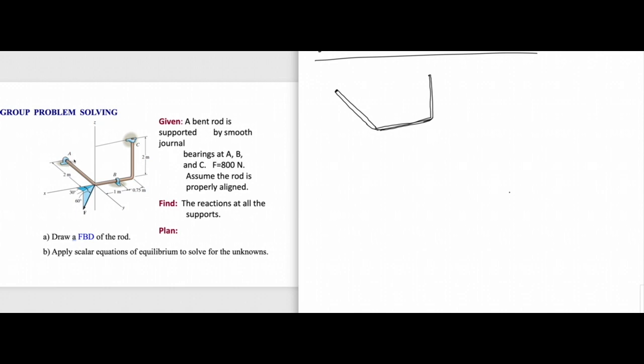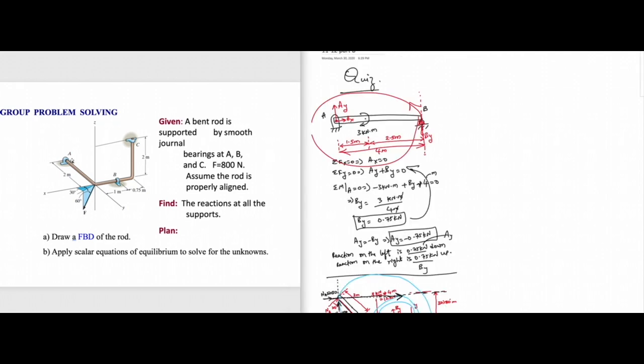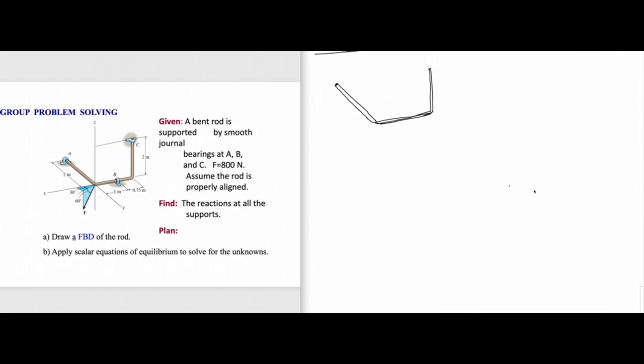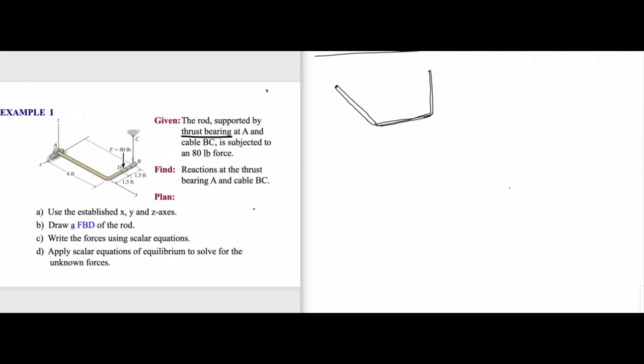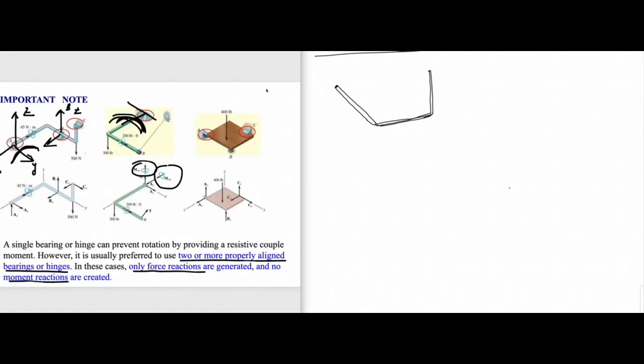But if you remember the point I was telling you a while ago in the slides: if there are two or more properly aligned bearings, only force reactions are generated, no moment reactions.